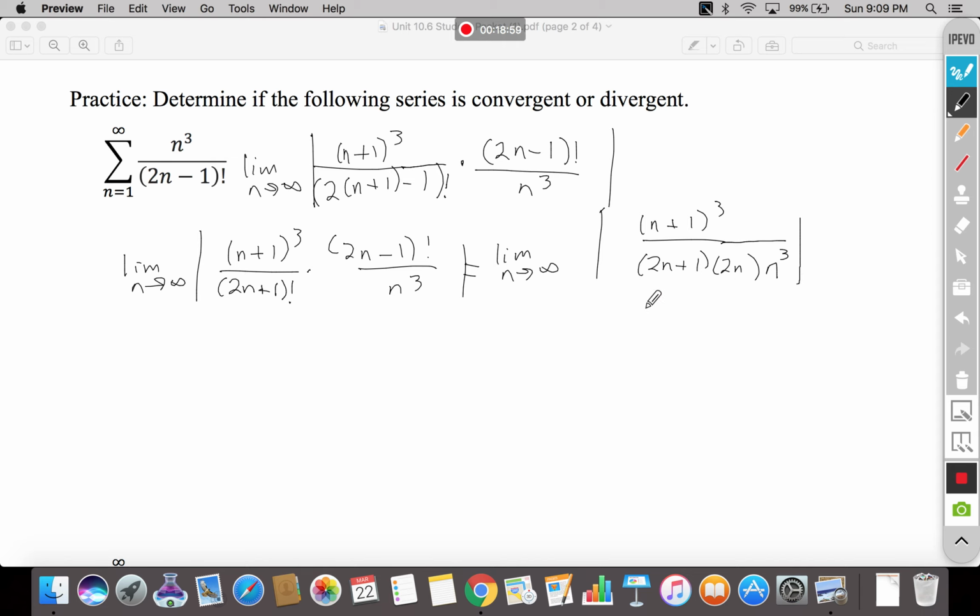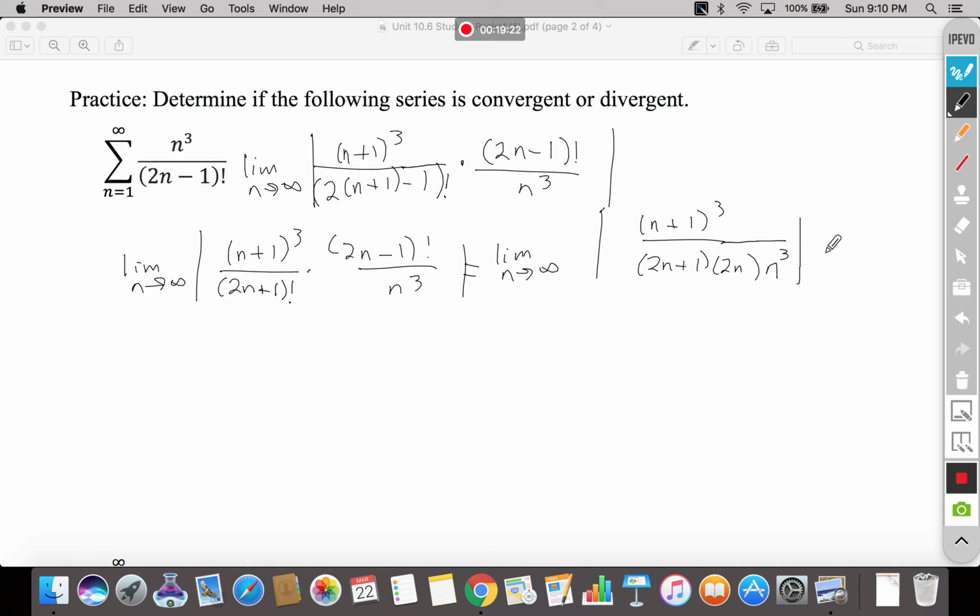All right, getting interesting here. So what happens? Well, as we see, we have 2n times n cubed. That's going to give us something to the 5th power, like 4 n to the 5th power. This is going to give us an n cubed out of this. So the denominator is going to win.